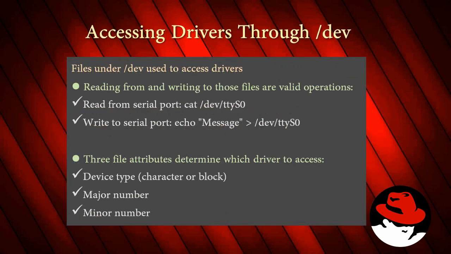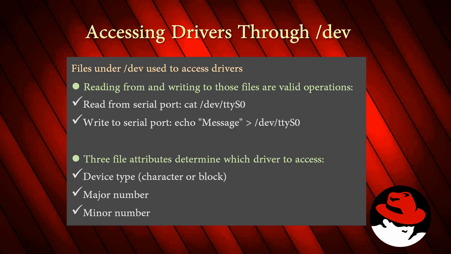Then there comes accessing drivers directly through /dev, which is a directory for a file system. The files under /dev are used to access drivers. You can read from and write to those files as valid operations. To read from serial ports, the command could be cat /dev/ttyS0.